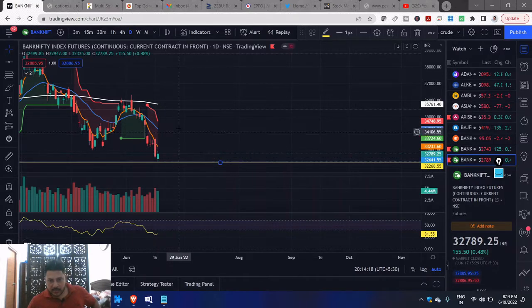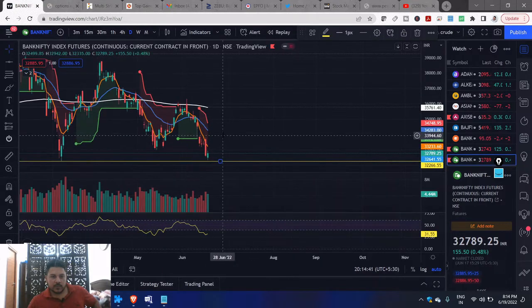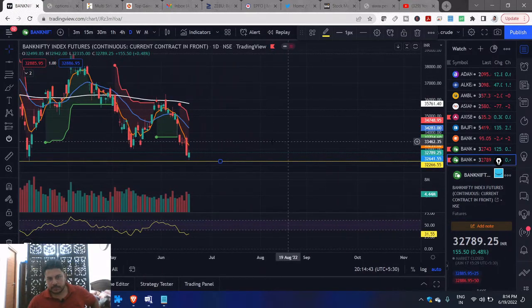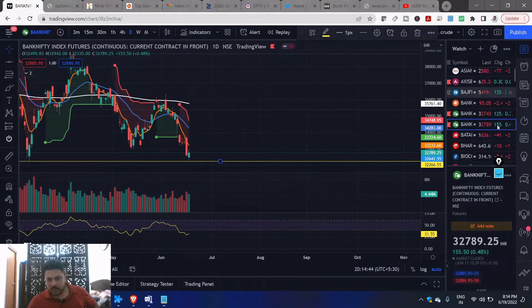It will not go long immediately, but it will be in this zone slowly. Sometimes it will make candles to make you feel that it is going down, sometimes it will move up, but slowly it will start moving up, and upon crossing the super trend, it will give you a confirmation. Till that time, this is a short entry. If it breaks this high, you can go for long in banking stocks. So this is about Bank Nifty.